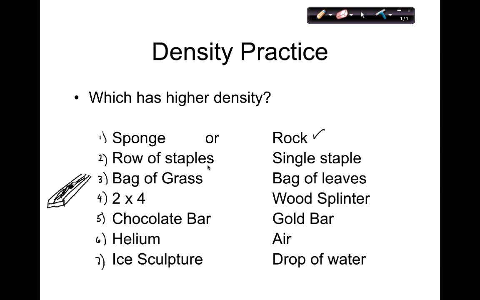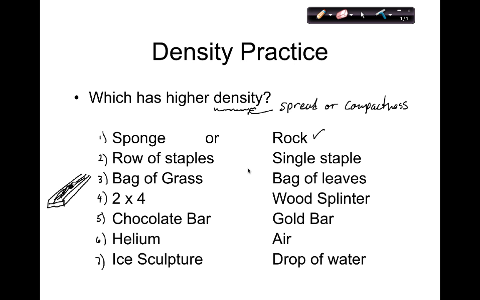Remember we said mass and volume aren't the determining thing. What's the determining thing for density? Density is the spread of the material or compactness of the material. So it's a property of the material. So which one would have higher density, a row of staples or a single staple?